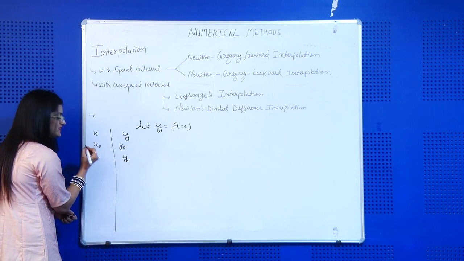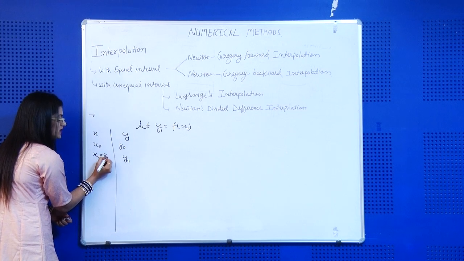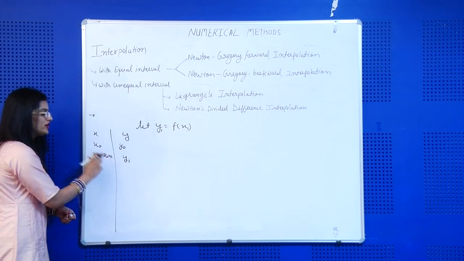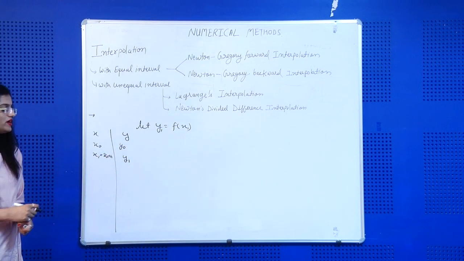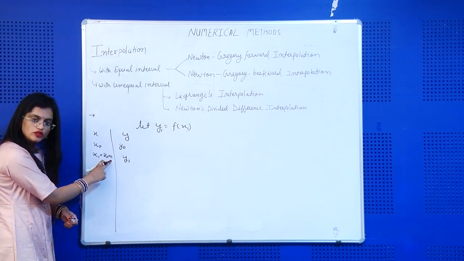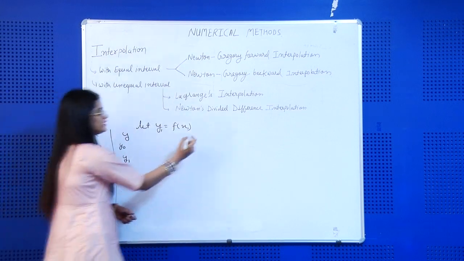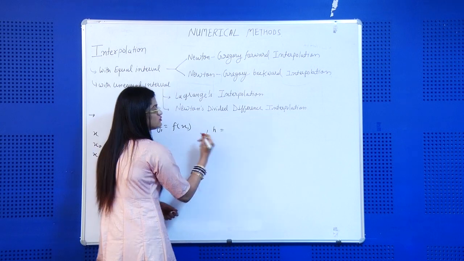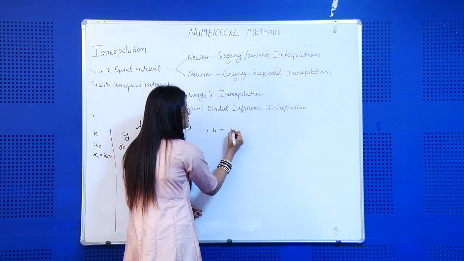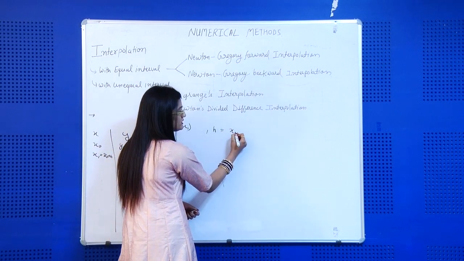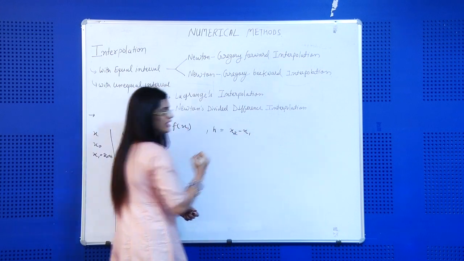I can get this x1 value as x naught plus h if I know the h value. H is what? H is the difference between two x values, which is calculated by x2 minus x1.